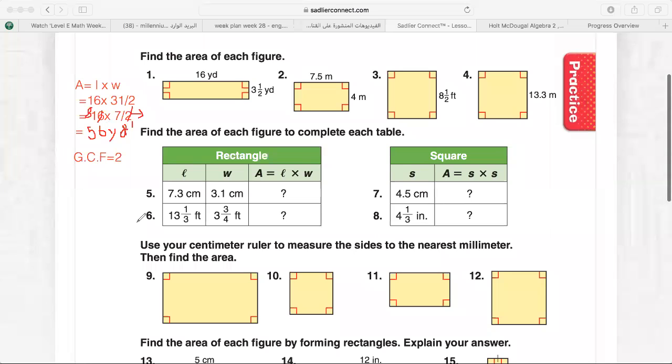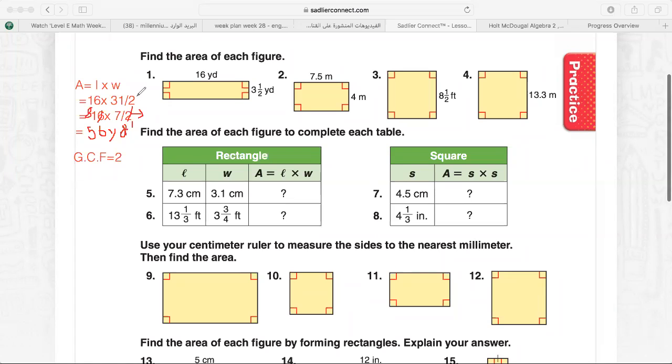Here I have the length and the width. Okay, girls. The length is 16 and the width is 3 and 1/2. I have to multiply the two numbers together. But here I have a mixed number, so I have to change the mixed number to an improper fraction because I have to multiply.